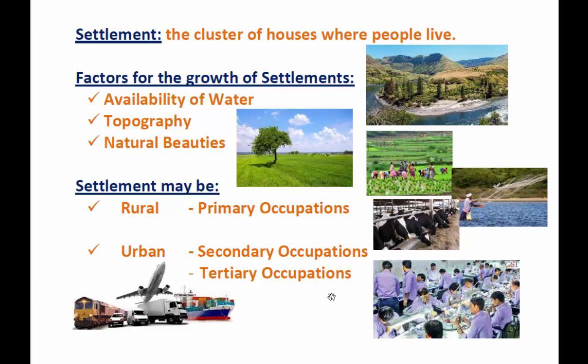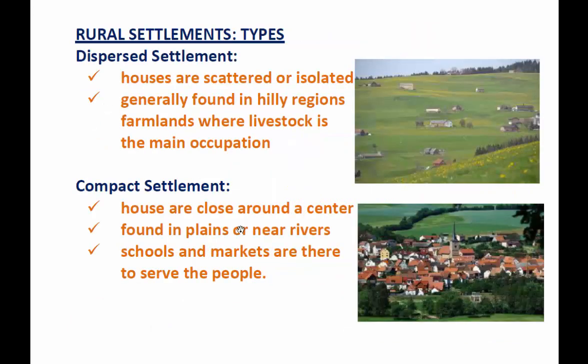So likewise, settlements are broadly classified into two. One is rural settlement and another one is urban settlement. So first of all, let us see rural settlements. There are two types of rural settlement. The first one is what we call dispersed settlement, and the second one is compact settlement.